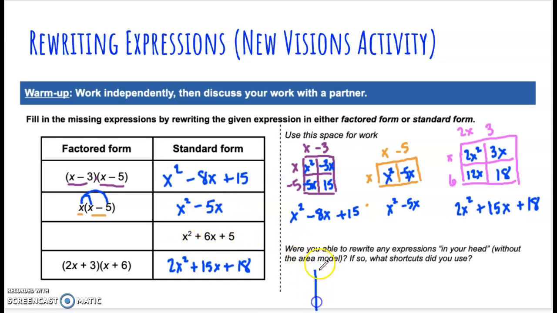Okay, so if we do an area model for it, we know that we've got our x squared. We know our diagonal is going to add to make 6x, and we know that this last term is 5. So in order to multiply to make x squared, I have to have an x and an x. And then factors that multiply to make 5 would just be 1 and 5.